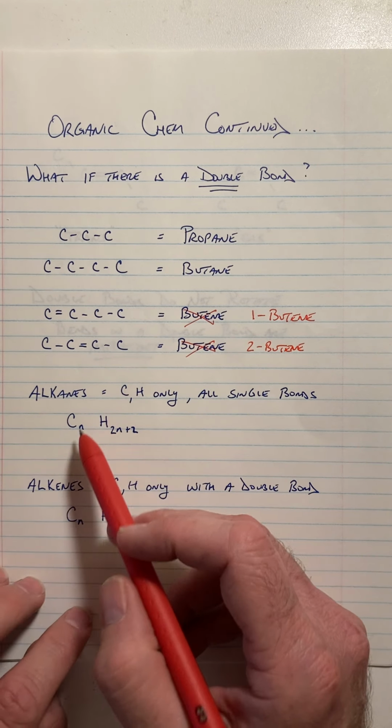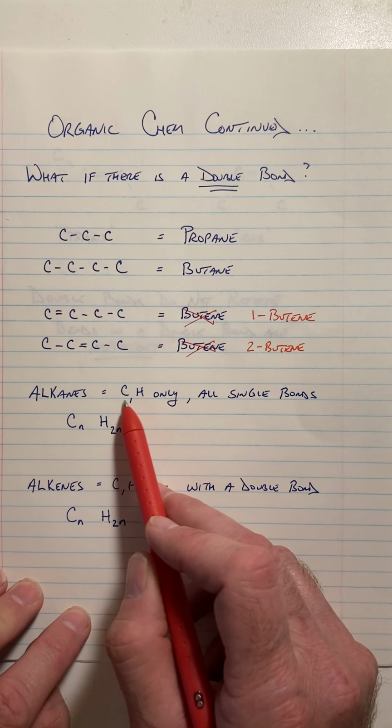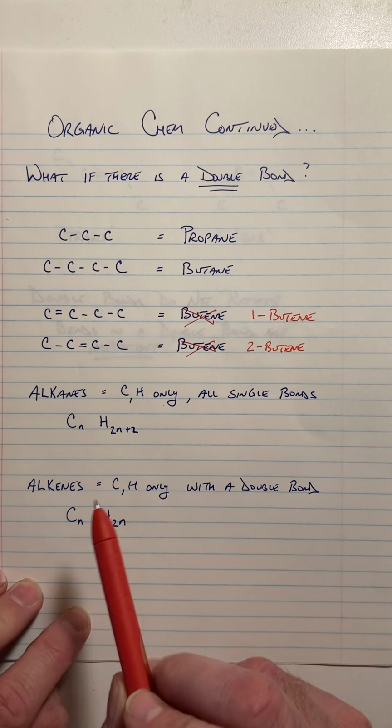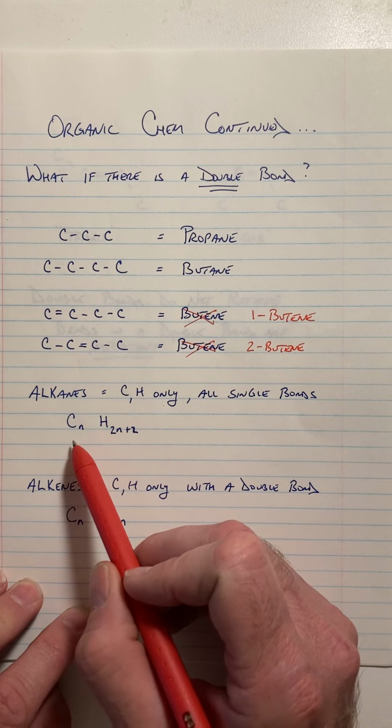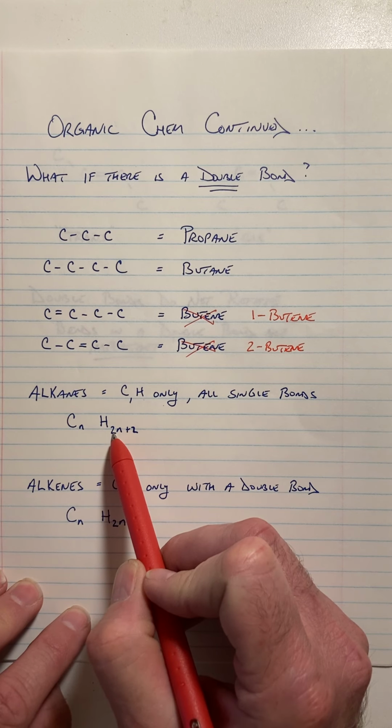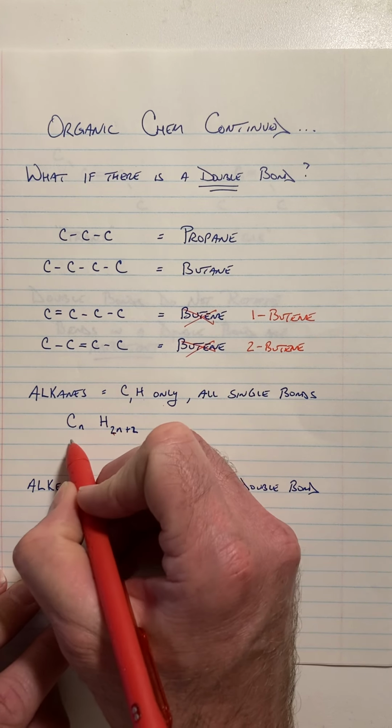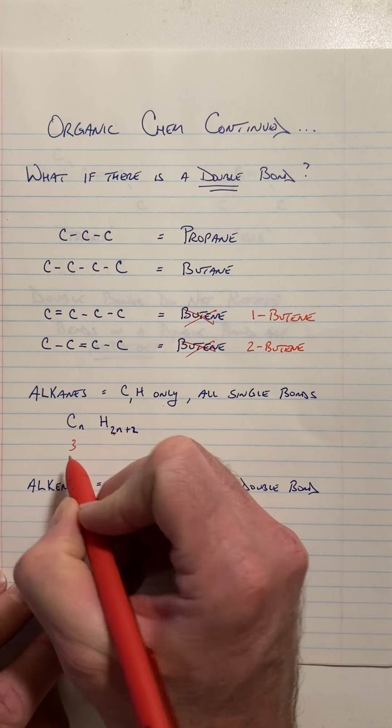Now, one thing you may notice is that alkanes, carbons and hydrogens only, all single bonds, they have a relationship between their carbons and their hydrogens. So if we did 3 carbons like we did up here, 1, 2, 3, we could put in 1, 2, 3, 4, 5, 6, 7, 8 hydrogens. So that would be 8 hydrogens.